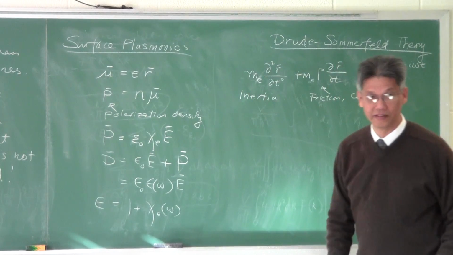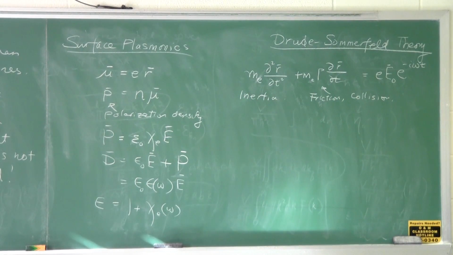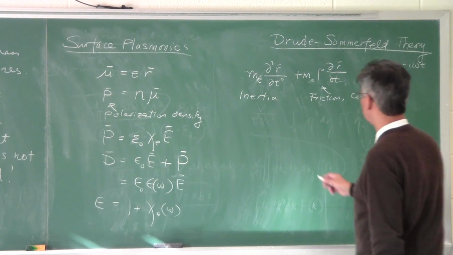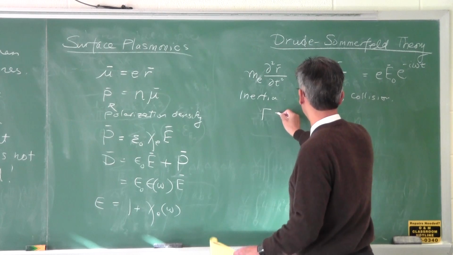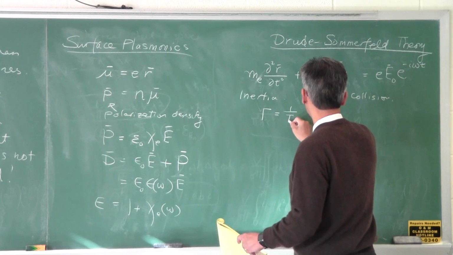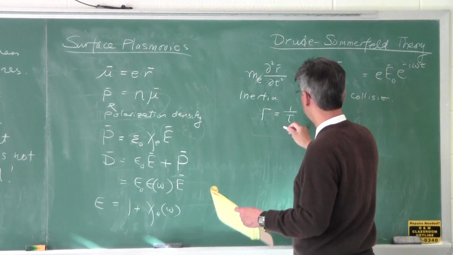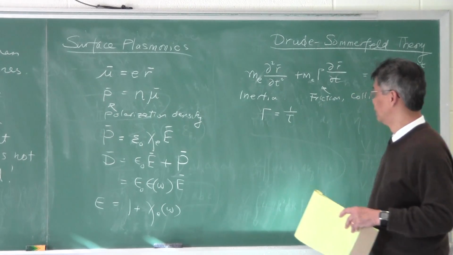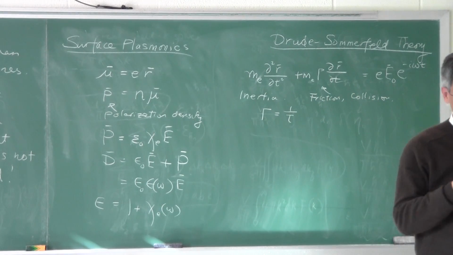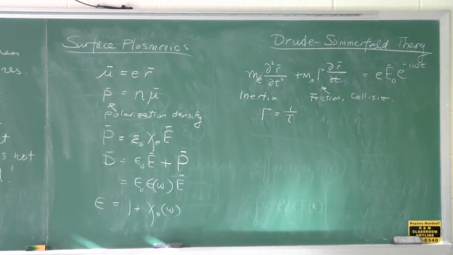Okay, mass times acceleration is equal to force. And gamma is some kind of a collision frequency, which is 1 over tau. Okay, it is the rate at which the electron collides with the lattice that slows it down.